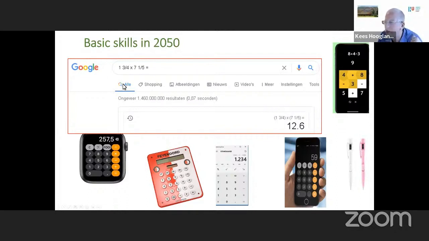There is an algorithm. I think they spent many hours writing this algorithm to recognize that someone probably wants to multiply fractions. Quite amazing if you really think about it. And if you have Siri on your mobile phone and you say 6 times 9, it just gives you the right answer. So that's going on nowadays.